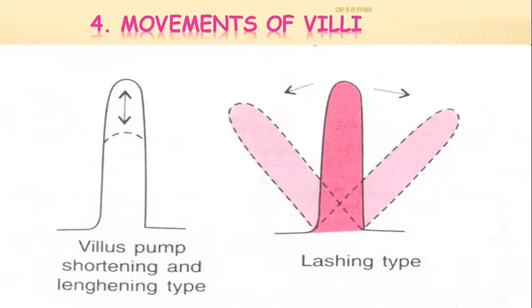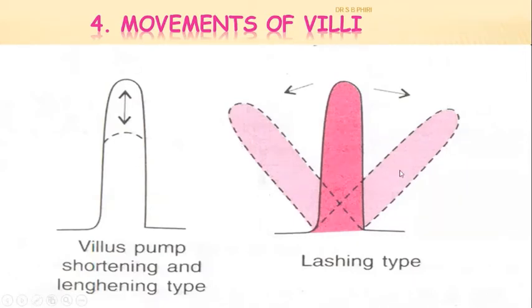The first one is the villus pump. That is due to the shortening and lengthening of the villi. When the muscularis mucosa contracts, the villus is going to shorten. If you have relaxation, the villus is going to lengthen. Then you have lashing movements.